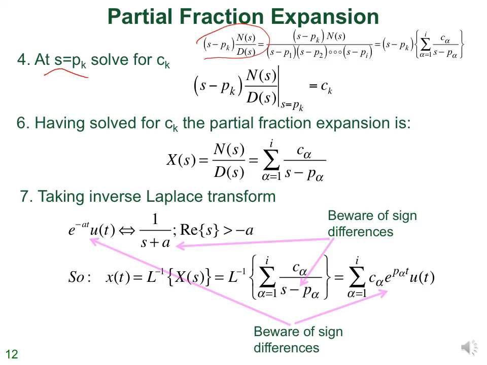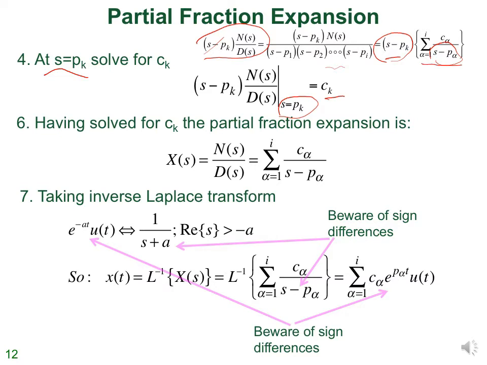Substituting s equals p sub k, we'll see cancellation with the kth pole and the leading term. But more importantly, on the right side of the equation, only one of these terms survives: at s equals p sub k, notice that we're multiplying by 0. And so the only term that's going to remain in this summation is the term that has the same pole location. So the only thing left on the right-hand side is c sub k. If you write that out, all the other terms become 0 at the location of the pole.